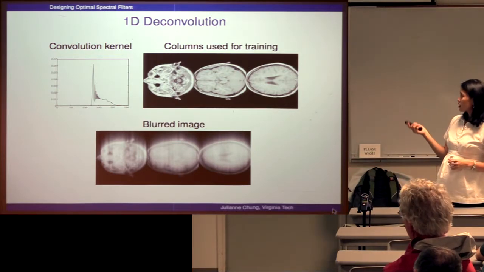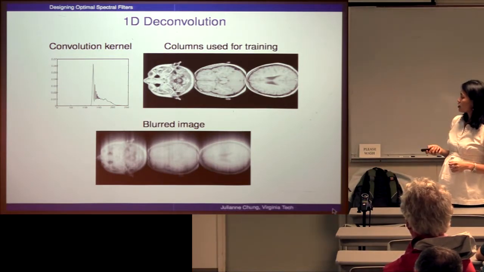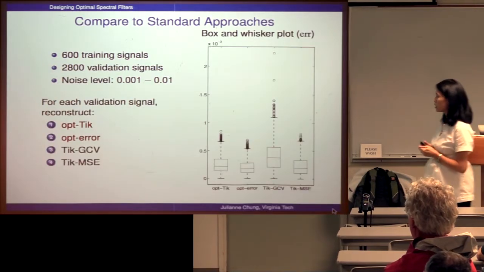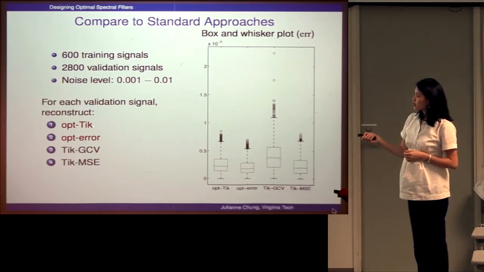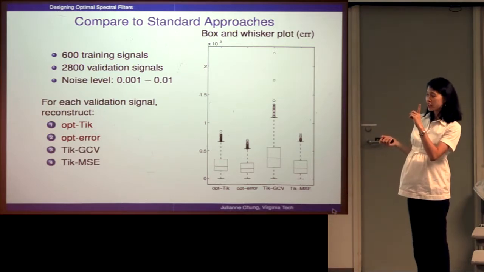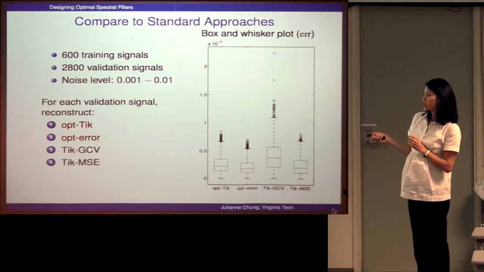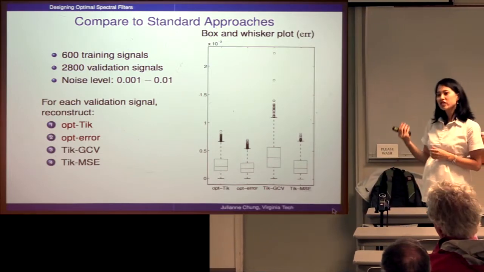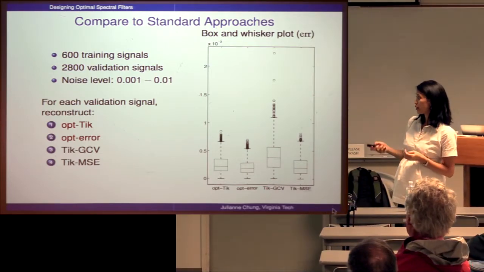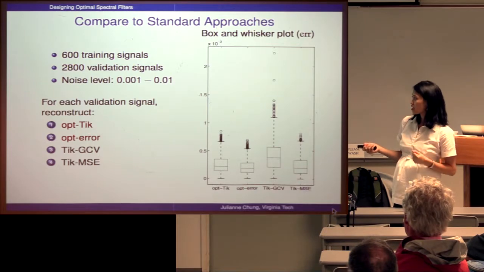Using these training images, we were able to compute the optimal parameters for the different methods. We computed the optimal Tikhonov parameter and the optimal error parameters. Remember, one depends on only one regularization parameter, and the other depends on n regularization parameters. We wanted to compare to standard methods, things computed as state of the art.